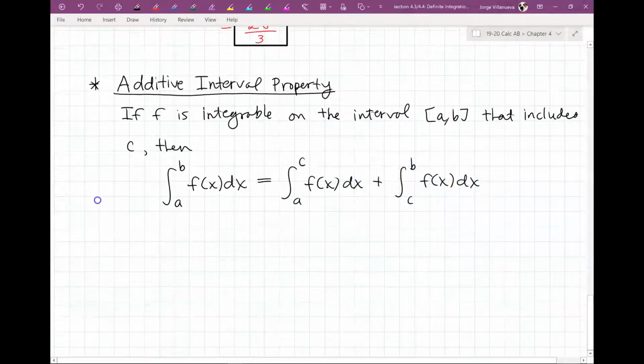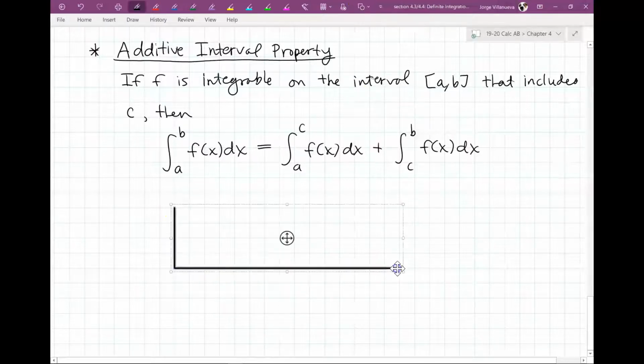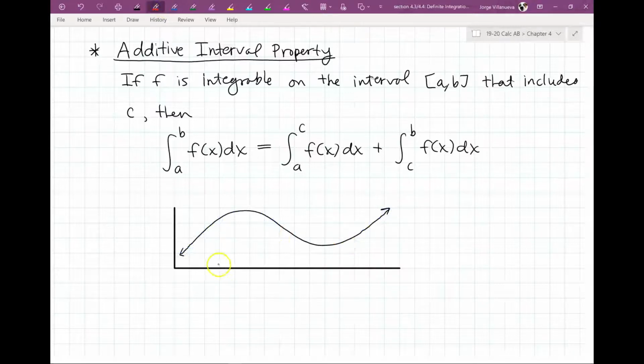I'll draw you a little quick picture. Let's just pretend here's our function. And we'll say this is A, and this is B, and C will be, let's say, right here.